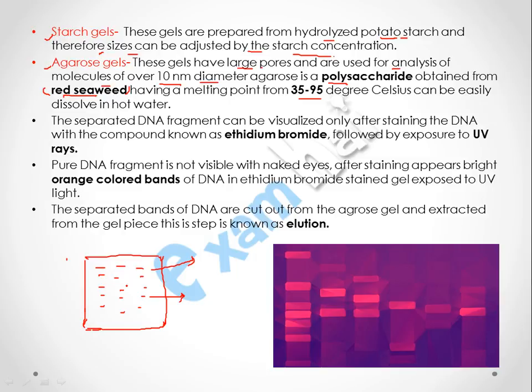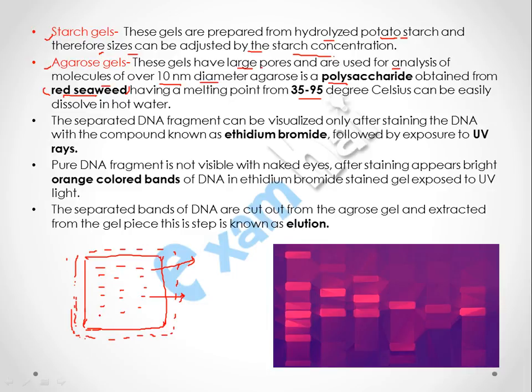So first we have to insert this gel into a liquid containing ethidium bromide. Ethidium bromide is a chemical, a stain, which is actually cancerous. So we do not touch it with our hands. We wear gloves and glasses.